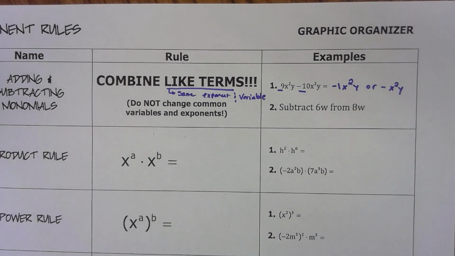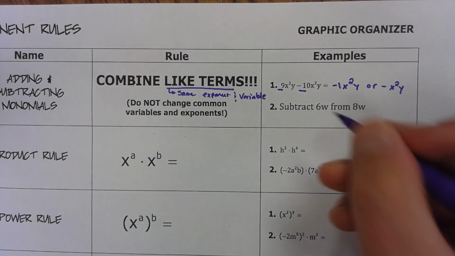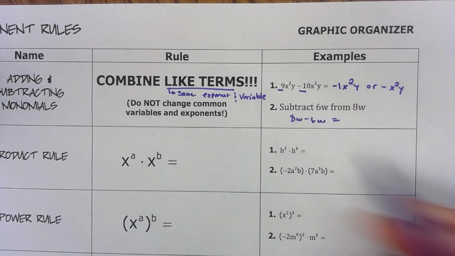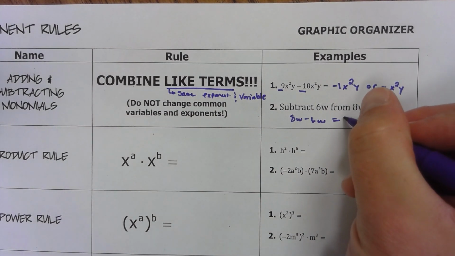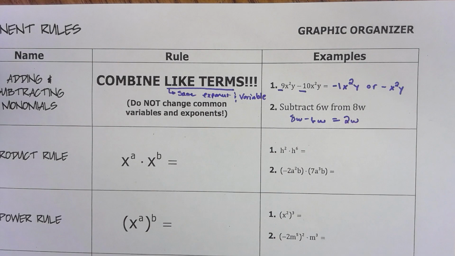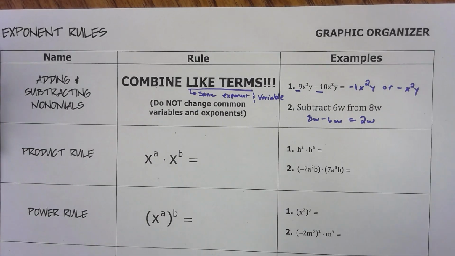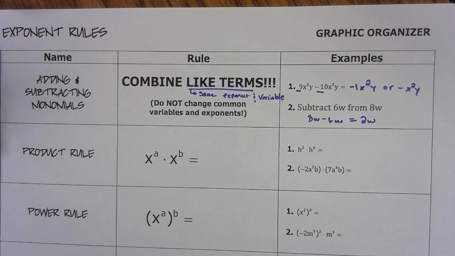Literally just counting. If I'm taking subtract 6w from 8w, that'd be 8w minus 6w. Again, those are like terms. Variable is w, exponent is 1. 8 minus 6 is 2w. All right, so that's something we've been doing in almost every lesson we've had where we've had to combine like terms.